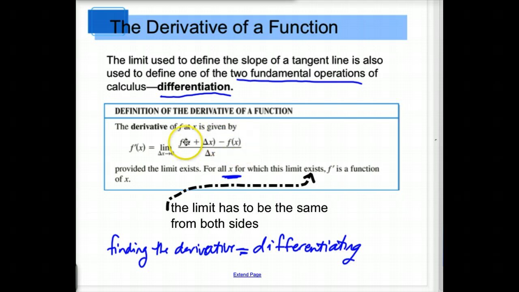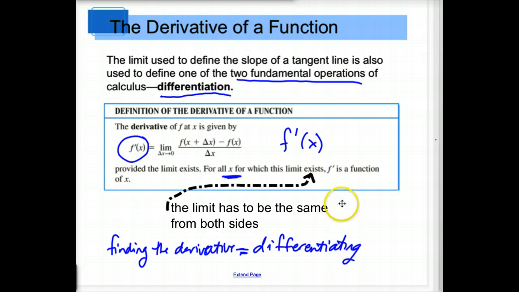So we're going to leave our x in there, and we'll find the derivative, which is the slope of the tangent line, at any certain point x. The notation for derivative is f prime of x, and that's how you say that. F prime of x is the limit as delta x approaches 0 of f of x plus delta x minus f of x all over delta x.